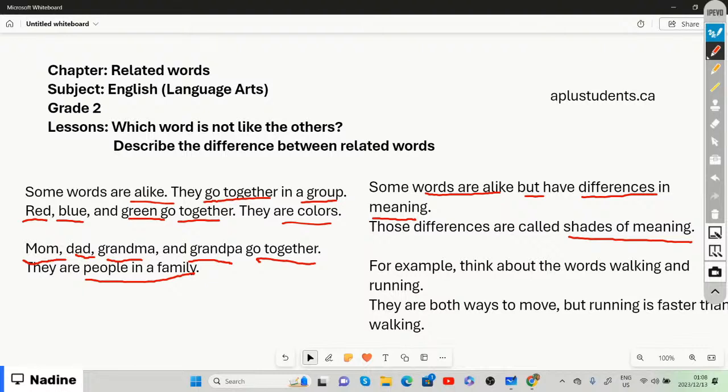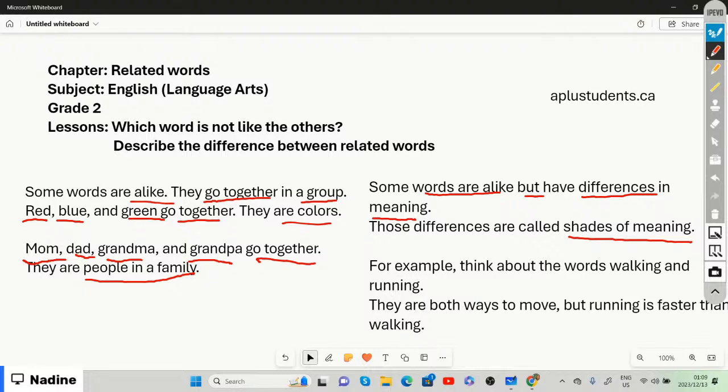For example, think about the words walking and running. Look at walking and running. Both these two words show a way in which we move.